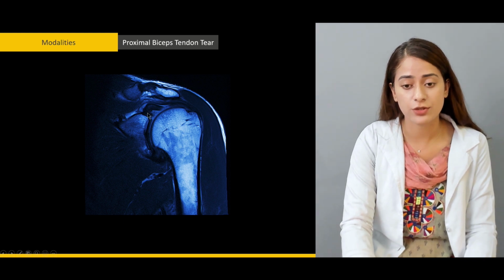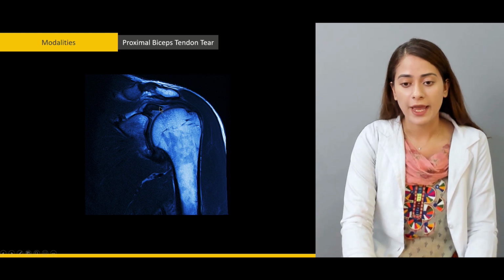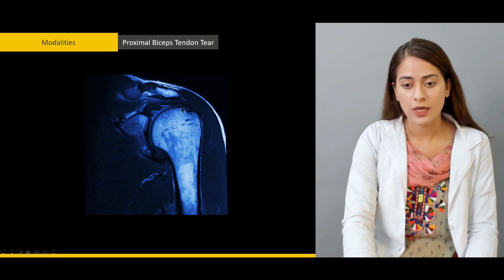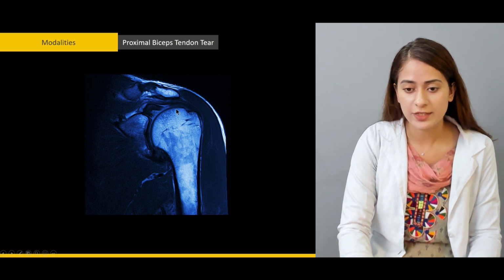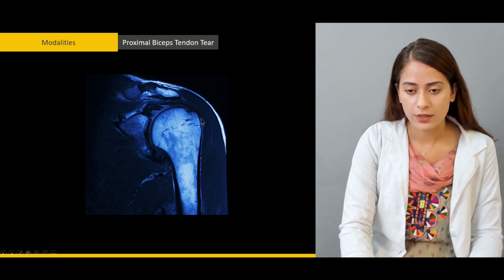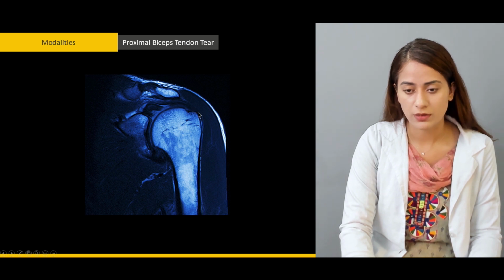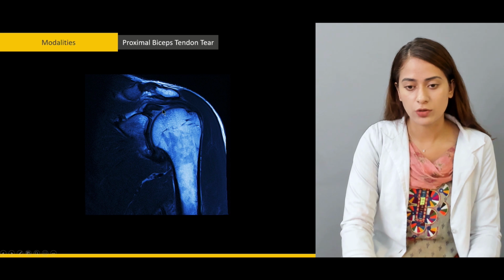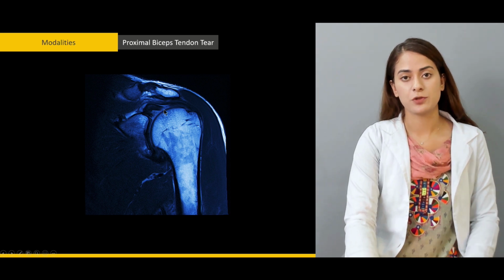The long head attaches to the superior labrum, and we can see there is a retraction of this portion of the bicep tendon from the rest of the bicep, and there is an entire space here. This space is empty, and this is where the long head of bicep has ruptured. The other half is present here, and this is the retracted proximal portion of the ruptured bicep tendon.